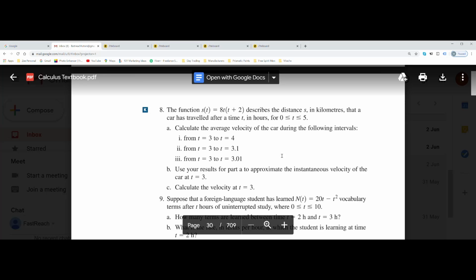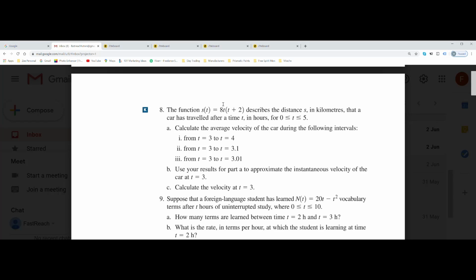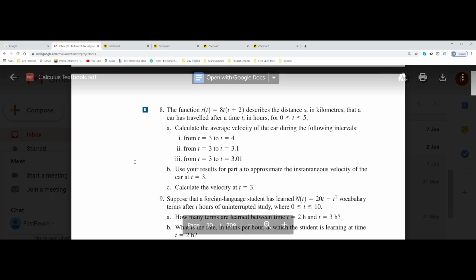So the question is, the function s of t equals 8t times t plus 2 describes the distance s in kilometers that the car has traveled after a time t in hours for 0 less than or equal to t less than or equal to 5. Calculate the average velocity of the car during the following intervals.